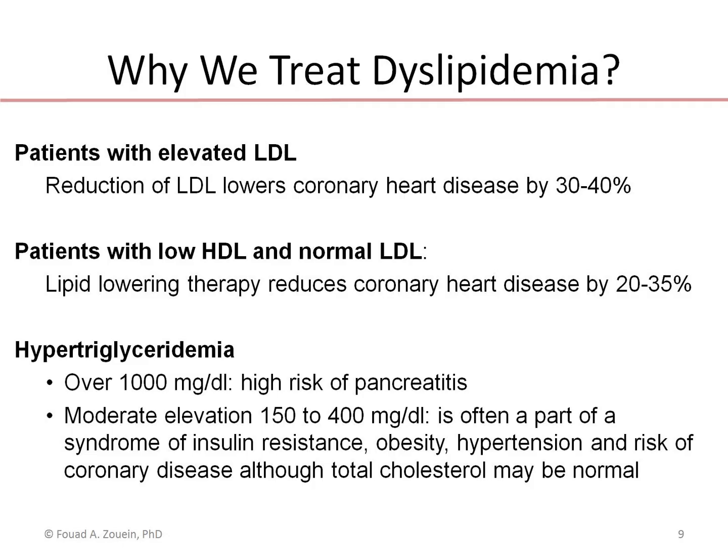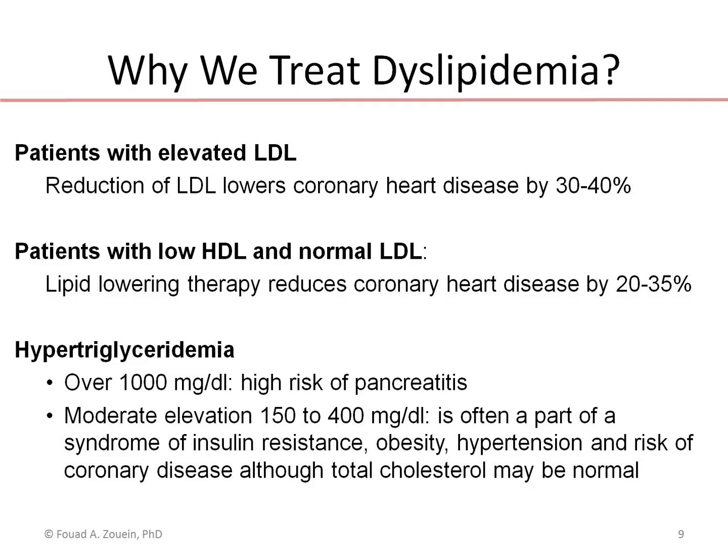Of course, the risk of coronary artery disease is high, even if the total cholesterol is normal, as we said. But the risk is also higher when dyslipidemia is associated with comorbidities. So let's say an individual has dyslipidemia, whether it's an increased LDL, decreased HDL, or increased triglyceride, or all of them.